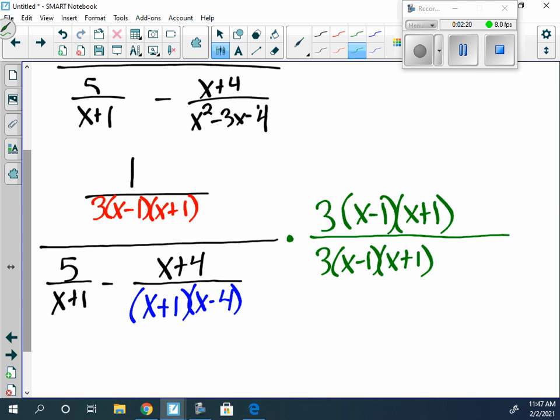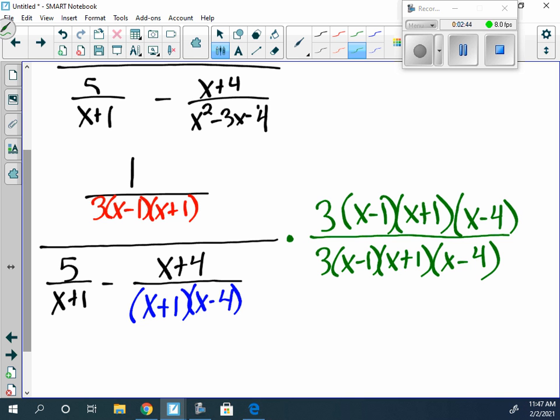That's what's going to simplify the numerator. Now, if we look at the denominator, well, 5 over x plus 1, we already have an x plus 1 to simplify that. Now, the other fraction that we have has an x plus 1 and x minus 4. Well, we're going to need the x minus 4 for everything to simplify. So this one here, we're going to have 3 terms.